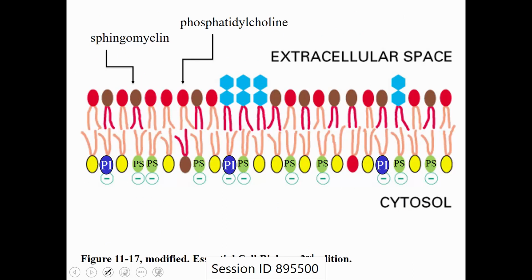So let's now dissect this further. First, let's look at the lipids that are in membranes. Inside the cell is primarily free phosphatidylinositol and its metabolites, phosphatidylinositol phosphate and phosphatidylinositol bisphosphate. Why? Because phosphatidylinositol phosphates are extremely important in signal transduction.